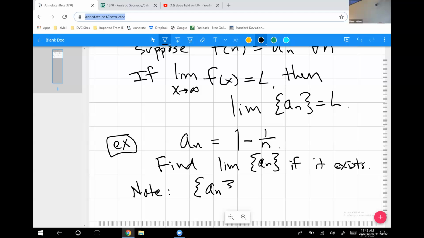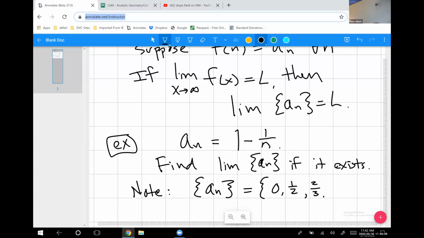So I can write that the sequence of a sub n's is equal to, and then I could literally write out terms. So when n is a 1, I get 0. When n is a 2, I get 1/2. When n is a 3, I get 2/3.